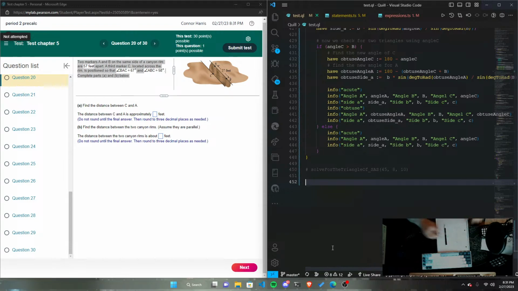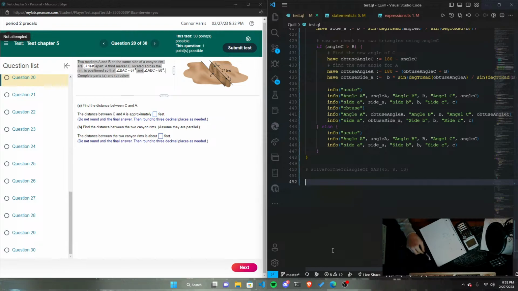Actually, no, we don't. We can just type out our values here. So let's first solve it, and then we'll have actual values to base it off of. Do it smarter. So then we have b is equal to 57 sine of 58 degrees divided by sine of 55 degrees. And that will give us our b.